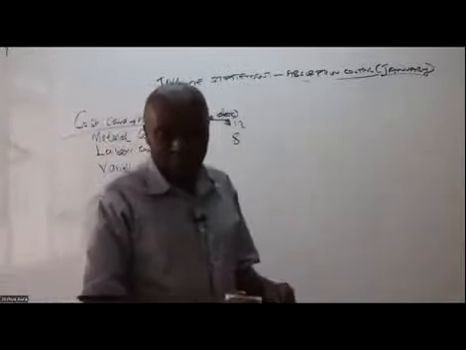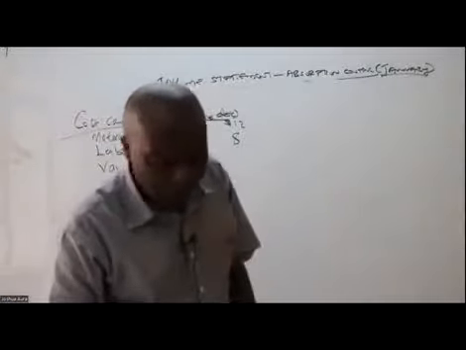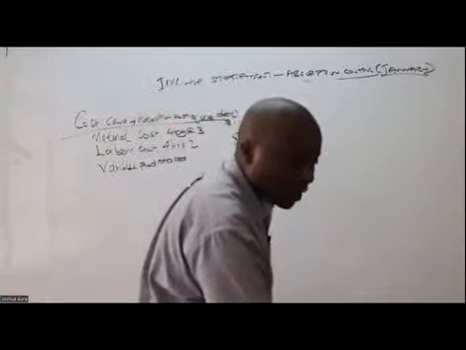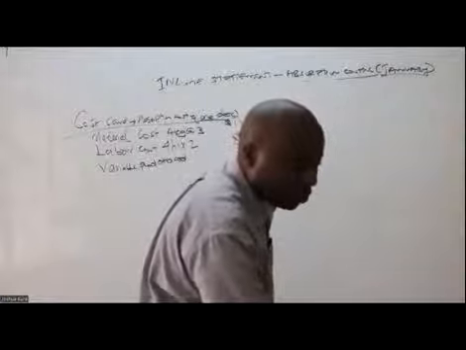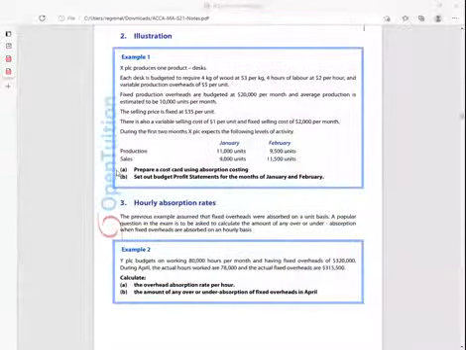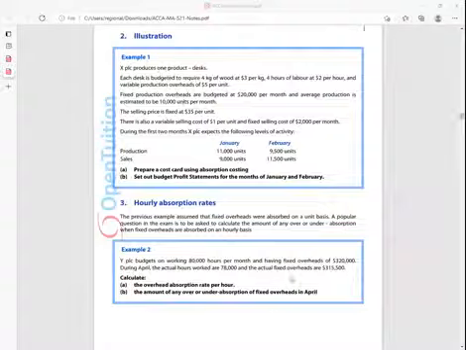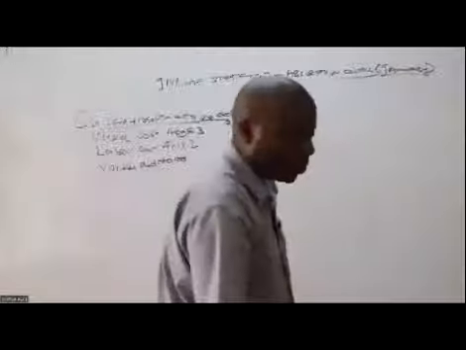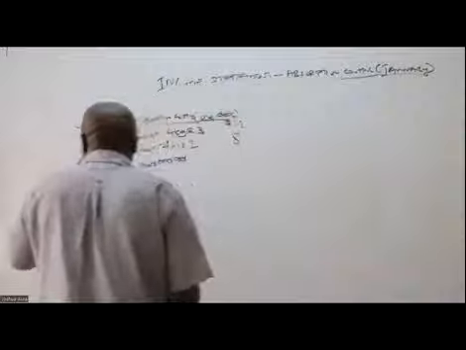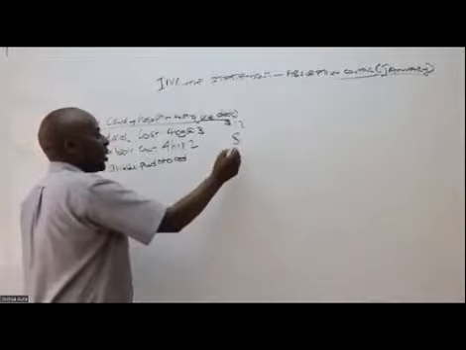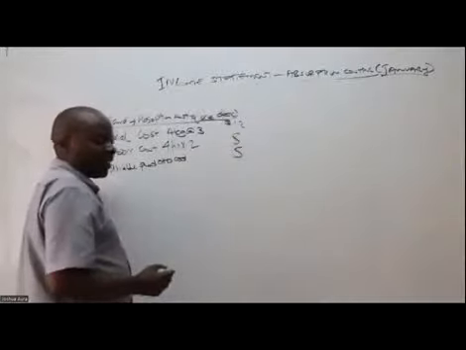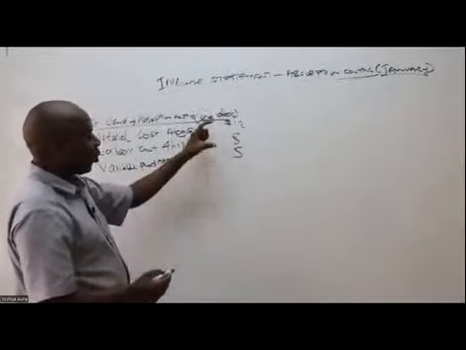What have they told us about it? The variable production overhead is 5 per unit. It's a production cost. It has to come into costing.